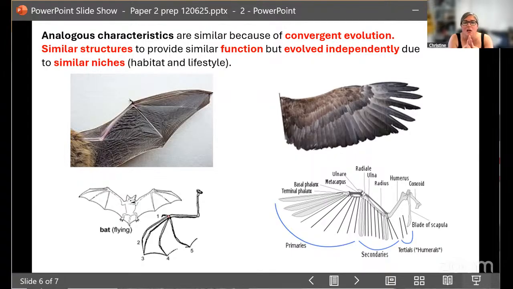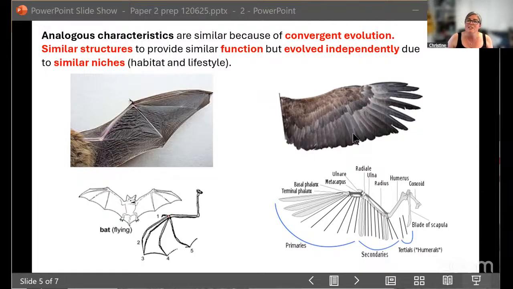So convergent and divergent evolution would be looking at where you have, so let me just go back. No, analogous would have the, when you say analogous have different functions, well, if we're looking at the bat and the bird, their function is for flying, right?